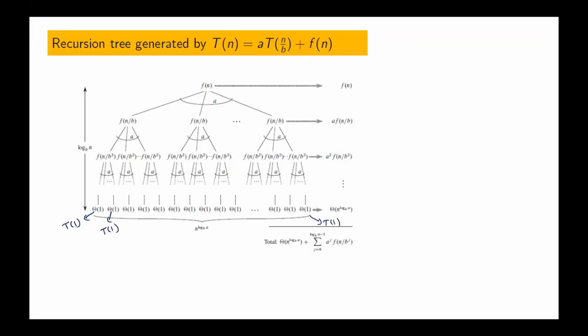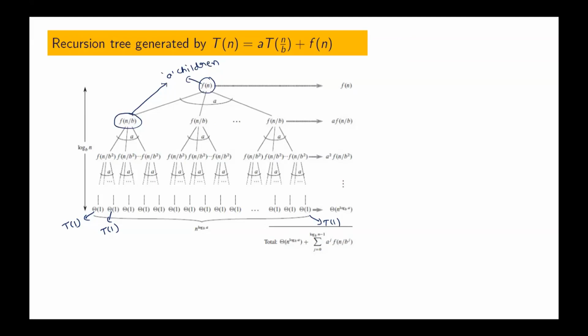Now, what type of tree is it? How many children does each internal node have? This is an internal node. How many children does it have? A children.